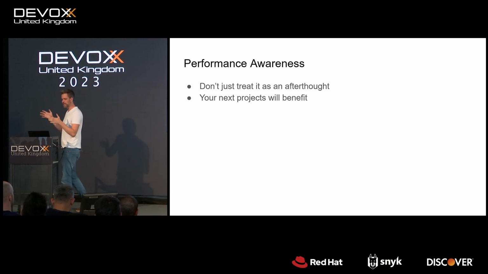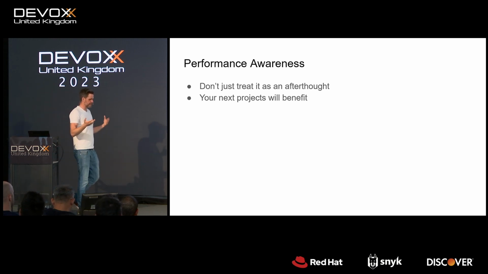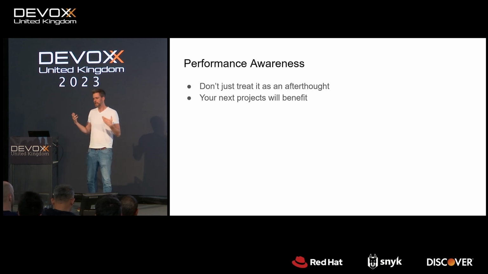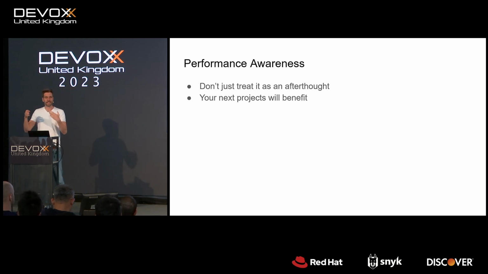You might choose certain libraries or frameworks depending on that. I'm just saying your next project will benefit, and that keeping performance in mind is a good thing, and not just hoping that the ops person or the DevOps person at the end of the day will just put it on any machine and then it will just magically run and that's it.